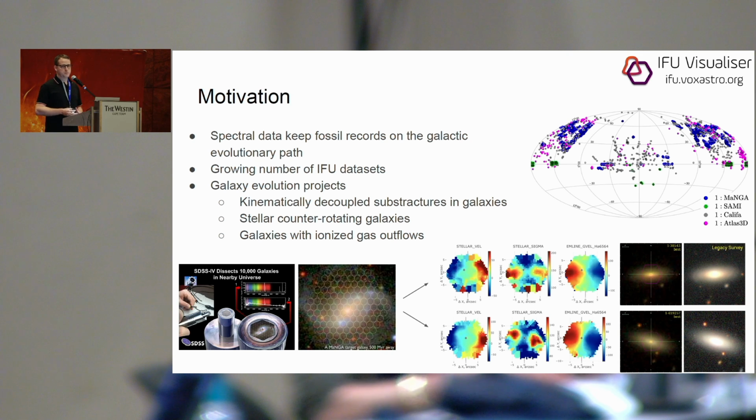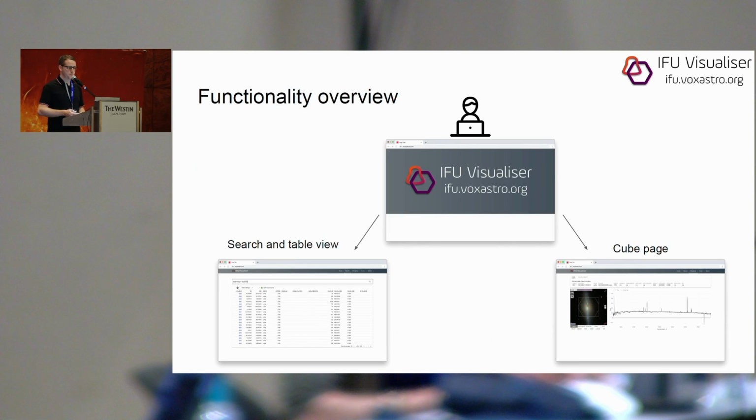And all these projects would benefit from a tool where you can check whether your galaxy or some sample of galaxies has appropriate IFU data, what the quality of this data is, and what the data products provided by different surveys or our own data products look like. And this is where the IFU visualizer comes in.